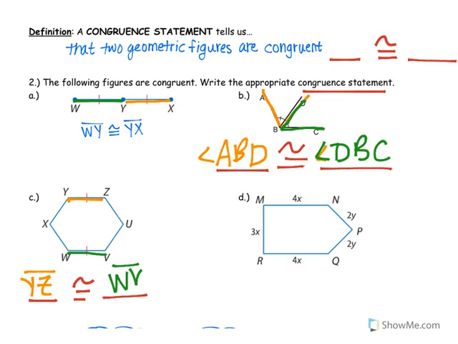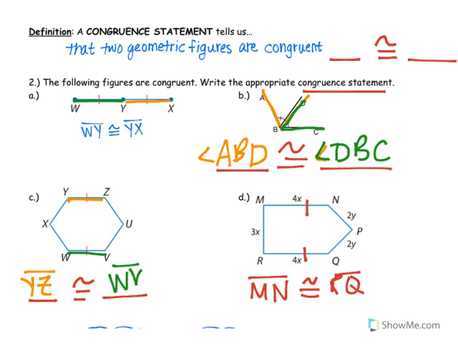So the first thing that screams out at me is that there's one side with 4x right up at top, MN, and there's another one down here. So if both of those line segments are 4x units long, they're the same measure. They're congruent. I'm actually going to put tick marks in the diagram. So I'm going to say this side is congruent to this side here, okay? And we can write a congruent statement. I can say MN is congruent to RQ.